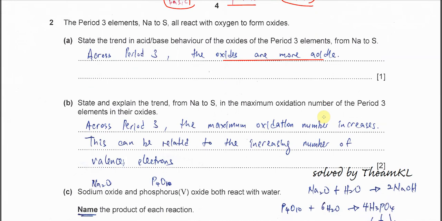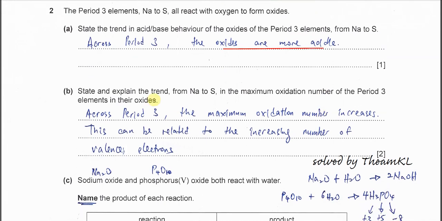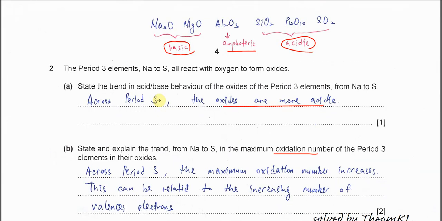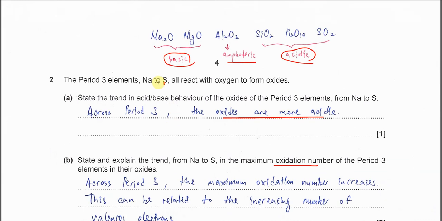Part B. State and explain the trend from sodium to sulfur in the maximum oxidation number of the period 3 elements in their oxide. We know that this one is +1, +2, +3, +4, +5, and +6. So it always increases across the period.